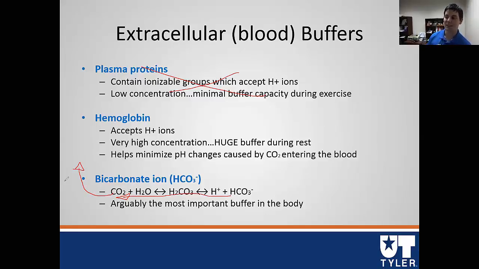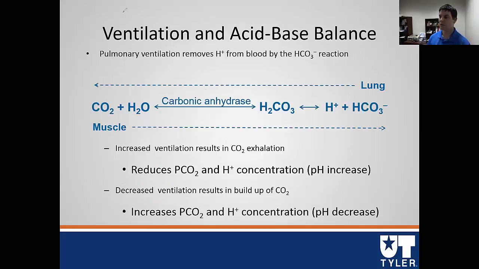We can actually kick CO2 out via expiration. We'll talk a little bit more here. Specifically, pulmonary ventilation removes hydrogen ions from the blood by this bicarbonate reaction. So we're not just buffering, binding, and keeping pH from decreasing, we're actually removing the acid, right?